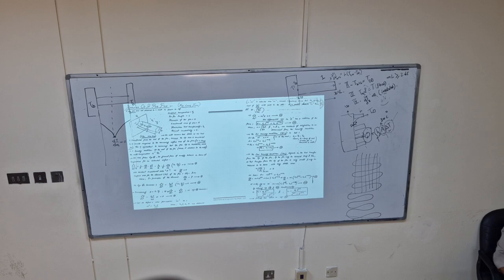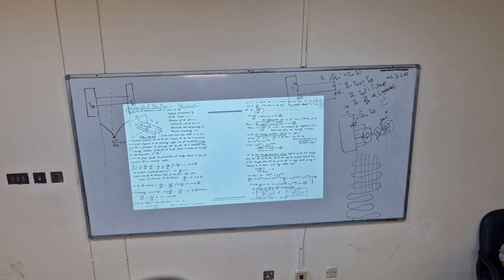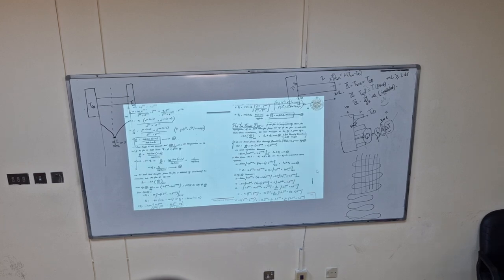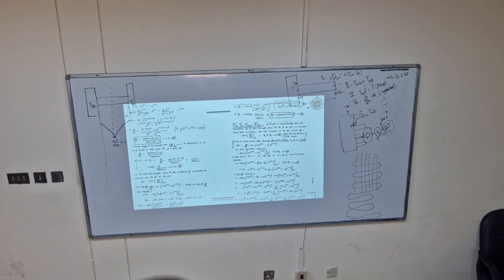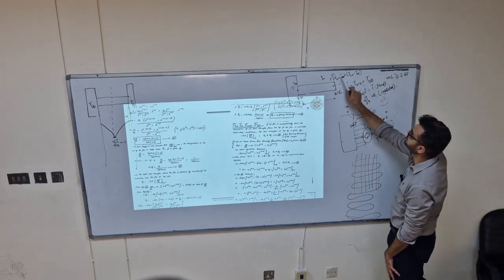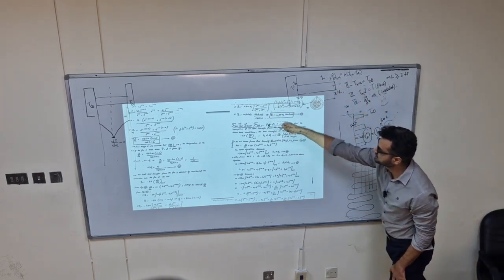For the first case, if you say the tip is insulated, this is the complete derivation step by step. This is the equation which you derived for temperature distribution, and that is the heat transfer. Then the second one, if you say no, it is not insulated, it is convection, then the second one.